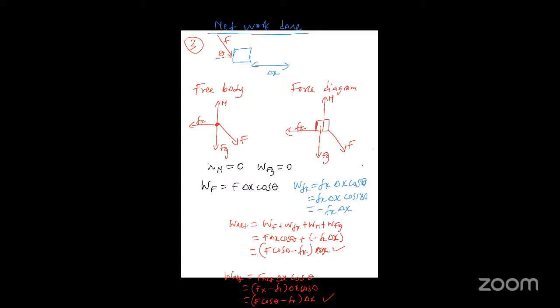Yeah, let us do this one before we do the inclined plane. Horizontal plane, but that is dealing with the net work done.